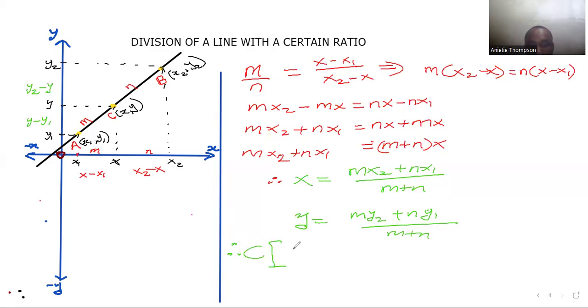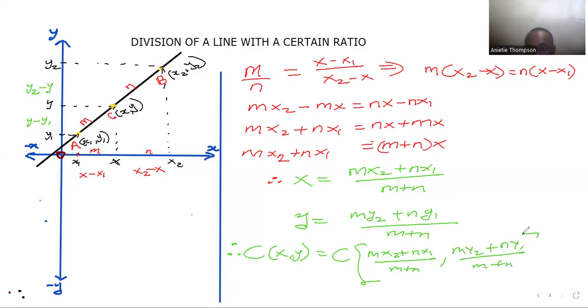So that simply means that the coordinate of the point C, which we have as x comma y initially, will correspond to C, which is mx2 plus nx1 divided by m plus n, and my2 plus ny1 all over m plus n.